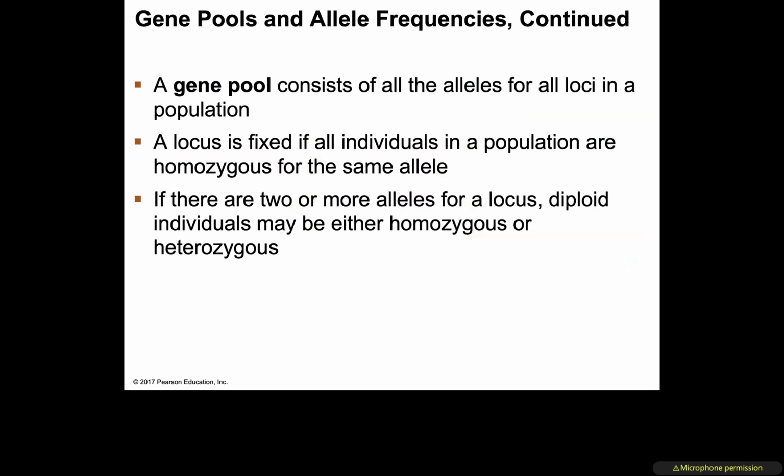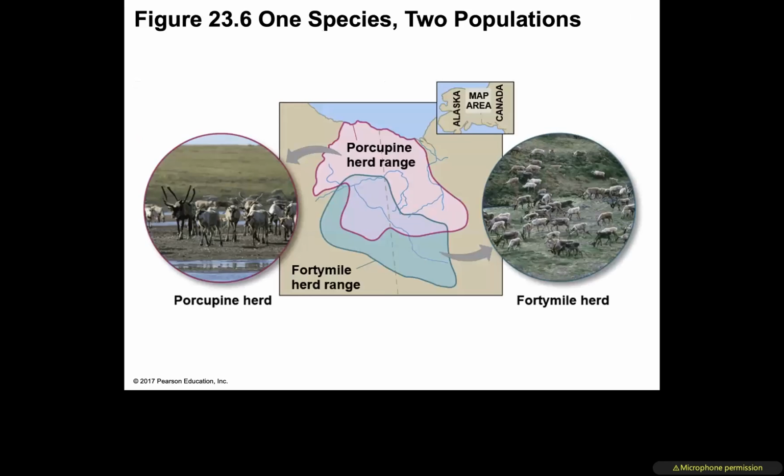And so a locus, we've discussed locus in Bio 111. A locus is fixed if all individuals in a population are homozygous for the same allele. Meaning, if all the individuals have the genetics to have fuzzy antlers, then that's going to be a fixed phenotype in the population.